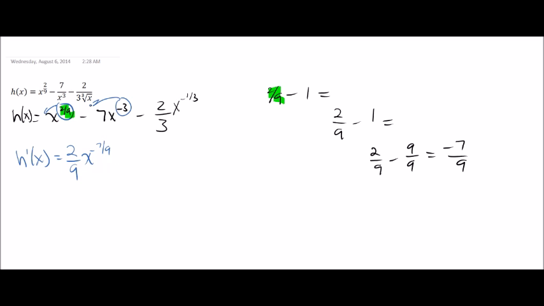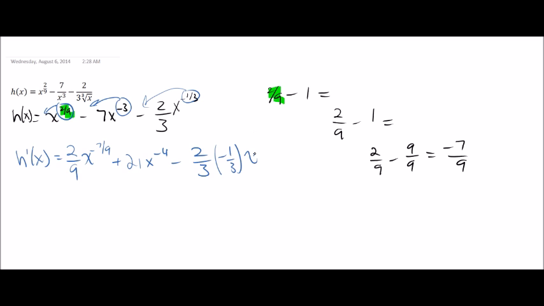Here again, multiply the negative 7 from here by the negative 3, so plus 21x, and again I'm going to reduce the power to the negative 4th. And lastly, 2/3 is going to be multiplied by -1/3, by virtue of this multiplication.